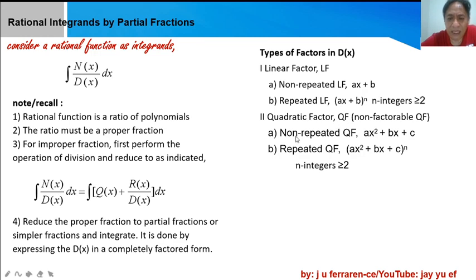We have non-repeated, with a general term ax squared plus bx plus c being a factor of our denominator, raised to power exactly 1. When it is a repeated quadratic factor, this can be raised to power n, where n is an integer greater than or equal to 2.